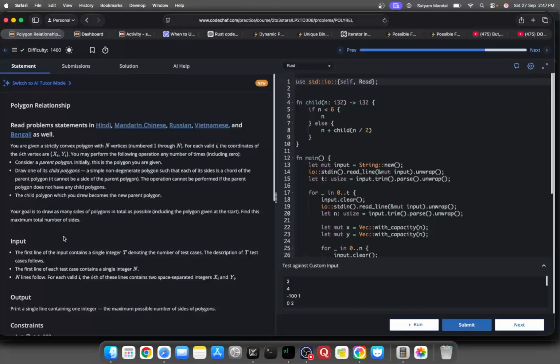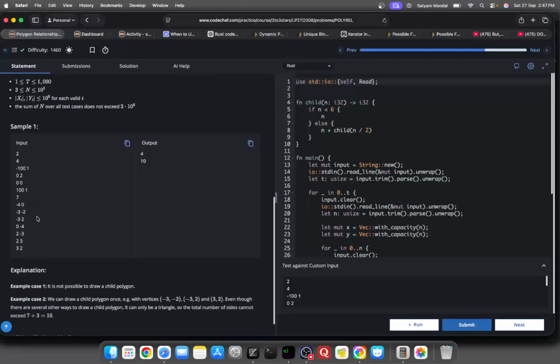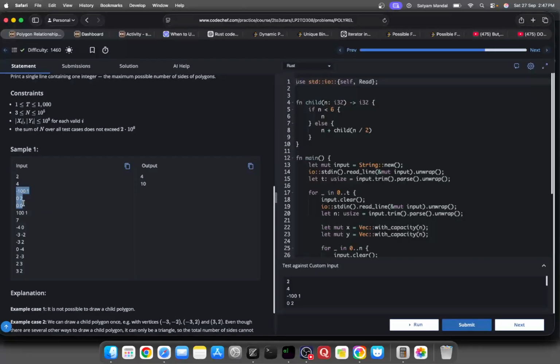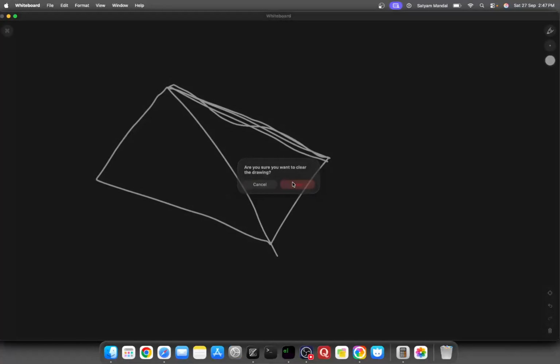Find the maximum total number of sides. They give us an input where the first line is n, followed by the coordinates of the polygon. So let's see how we can solve this.